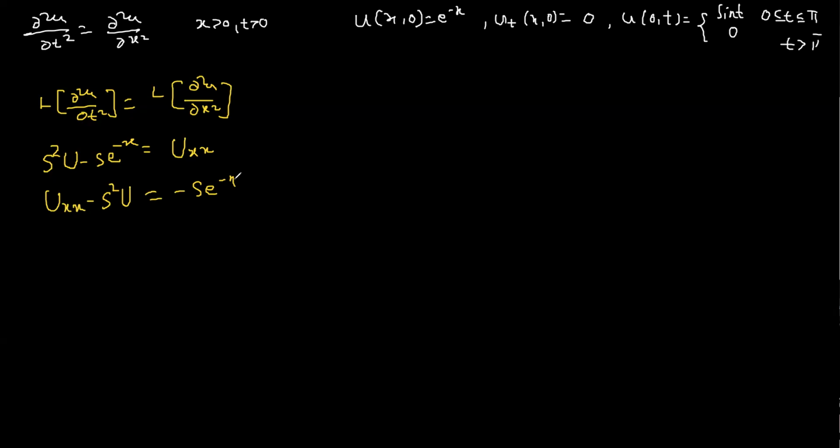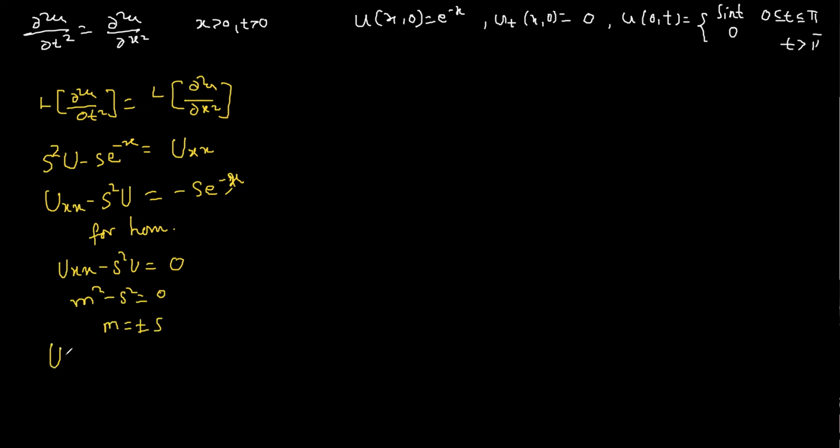Okay. Again, we will solve homogeneous equation. For homogeneous equation, put right hand side is equal to 0. Right? If right hand side is equal to 0, you can write m square minus s square is equal to 0, plus minus s.